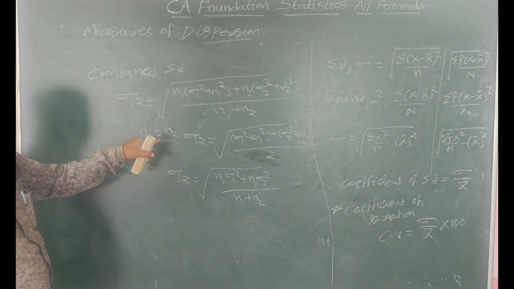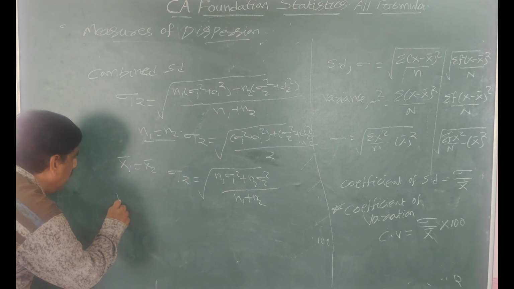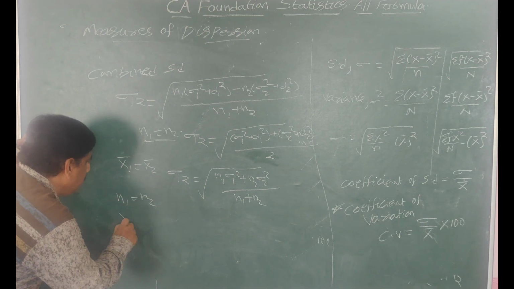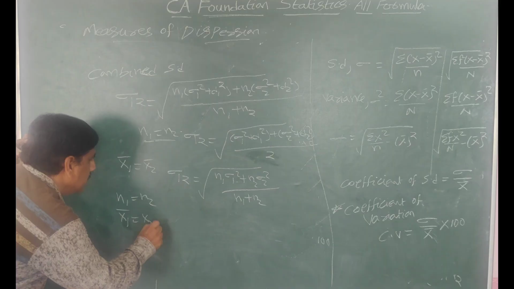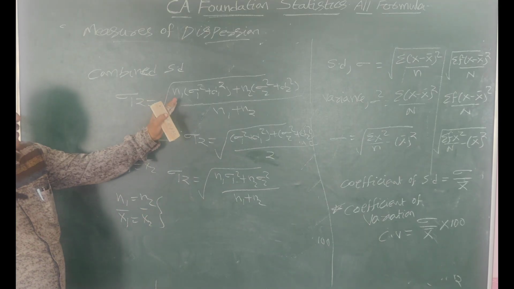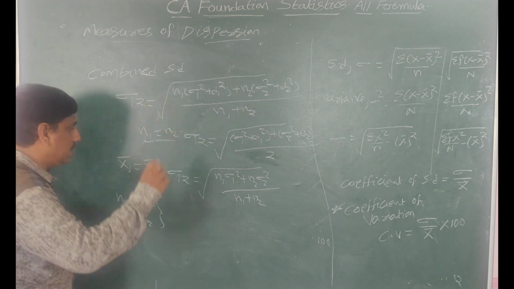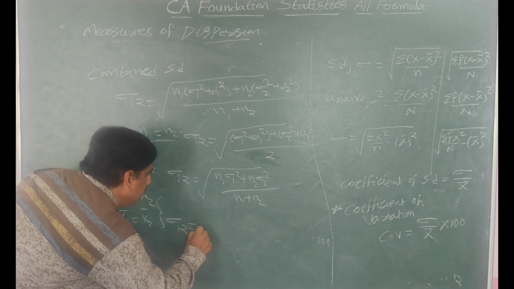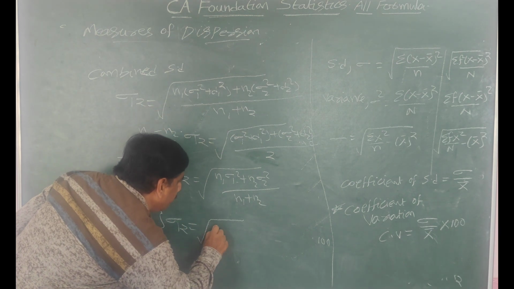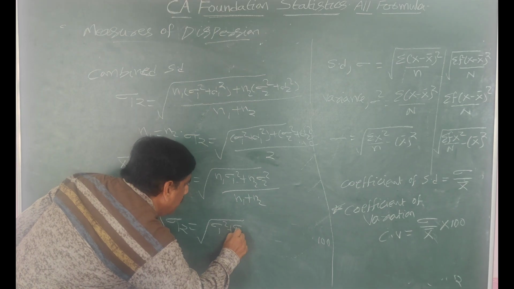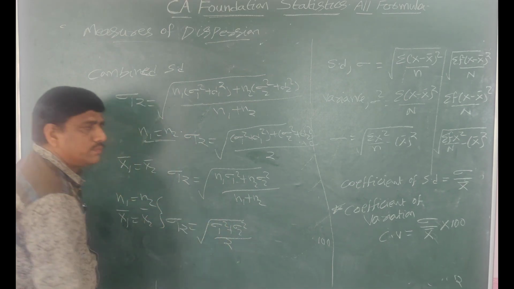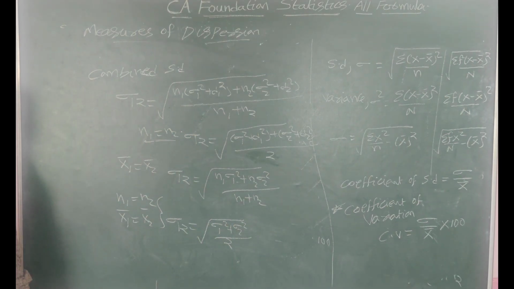And if both the numbers of observations and the means are equal, what will be your formula, they may ask. If both are equal, remove n1 and n2 and d1 and d2 in the combined SD formula. Then the combined SD is the square root of sigma 1 square plus sigma 2 square by 2. Okay, these are the different cases.